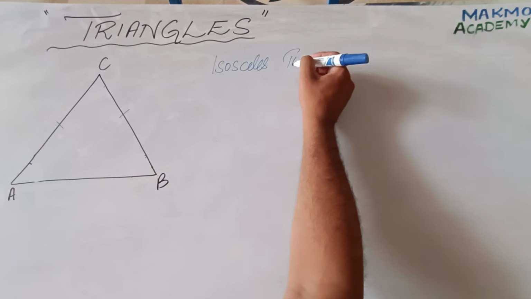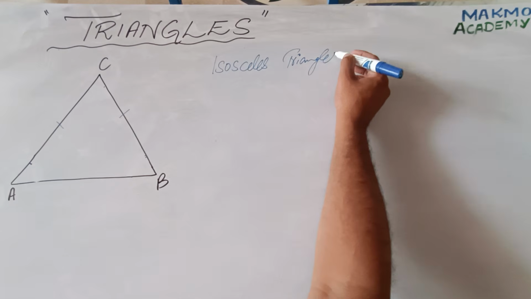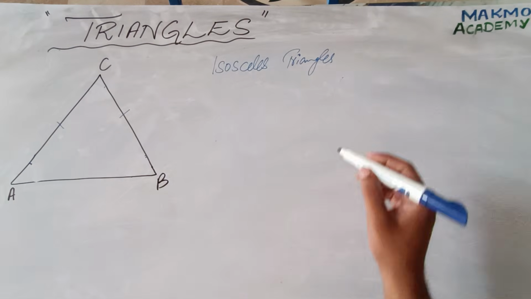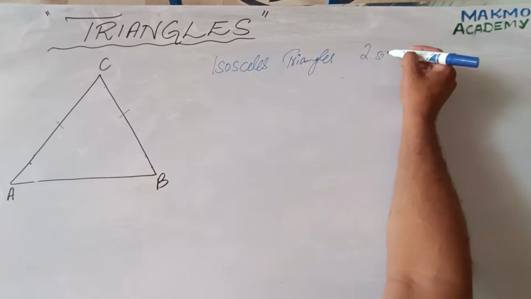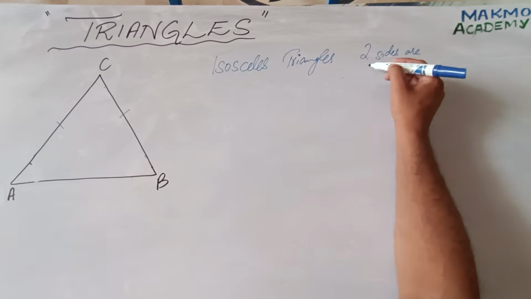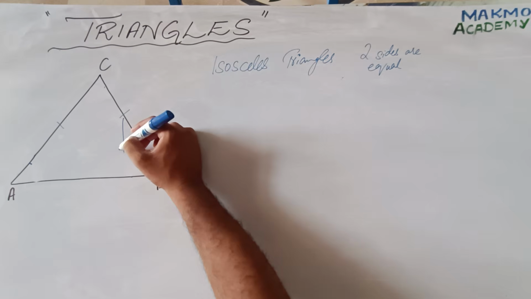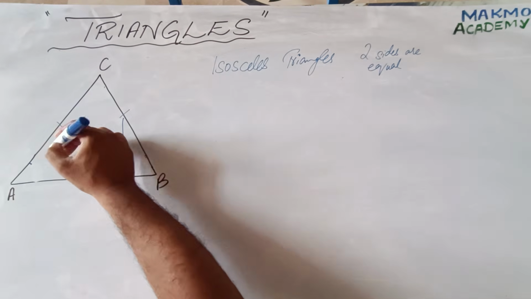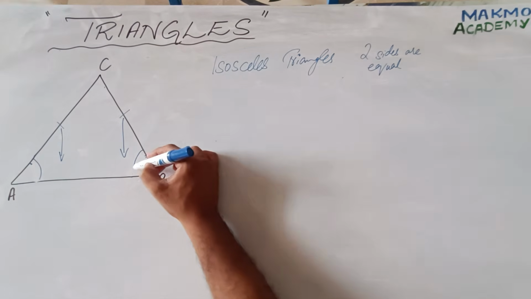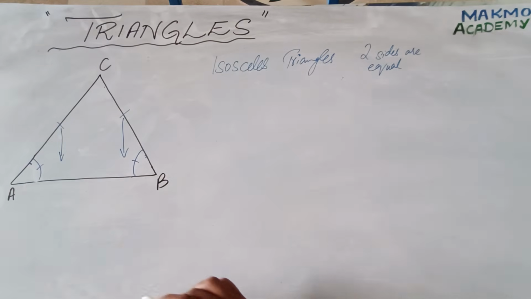Isosceles triangle, in which two sides are equal, and the angles below those two sides would also be equal to each other.